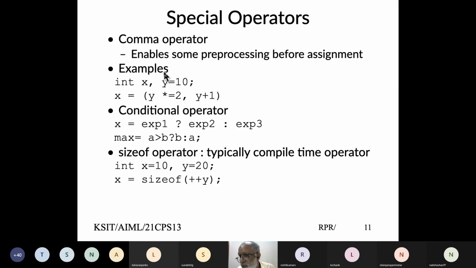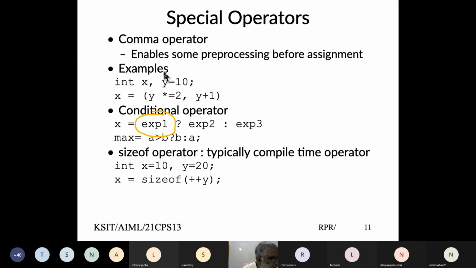Next, the operator we call the conditional operator. It's also called the ternary operator, because this operator has three operands. The syntax is expression 1, question mark, expression 2, colon, expression 3. Typically, expression 1 is a Boolean condition, true or false.